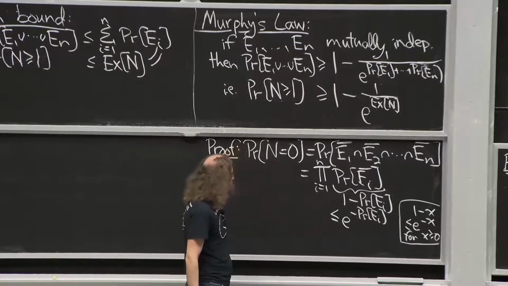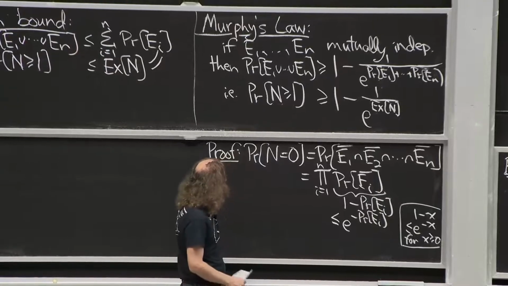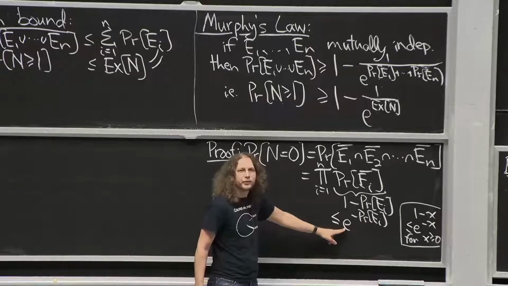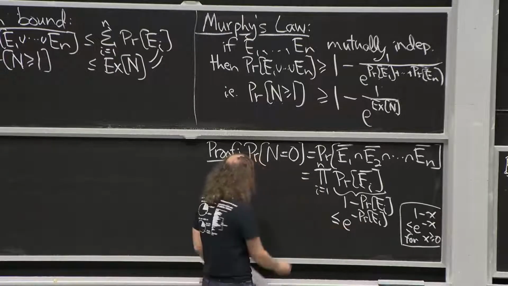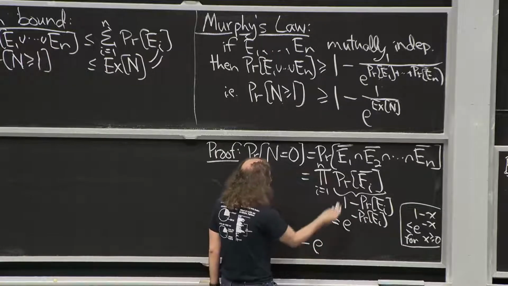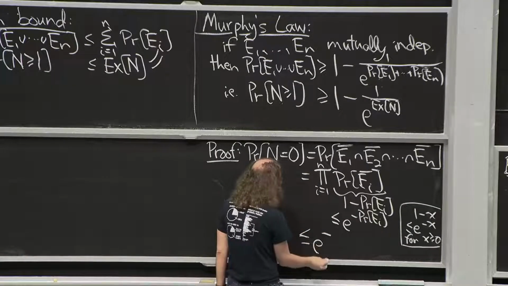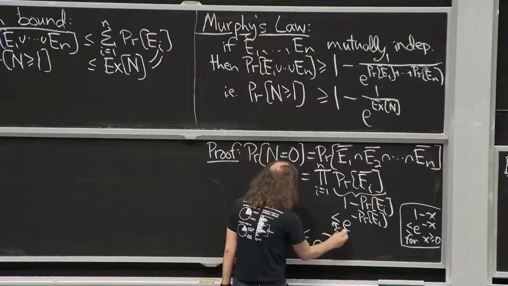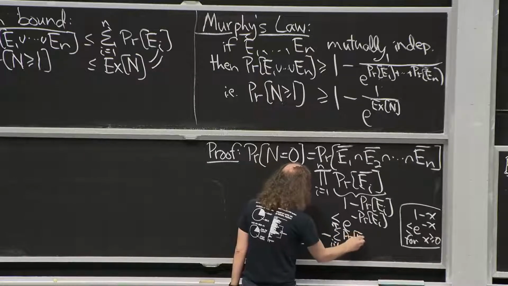So this is fine. And so now we have a product of exponentials. And by properties of exponentials, we can pull the exponential out. And sorry, this is less than or equal to e to the minus sum, i equals 1 to n, of probability of EI.